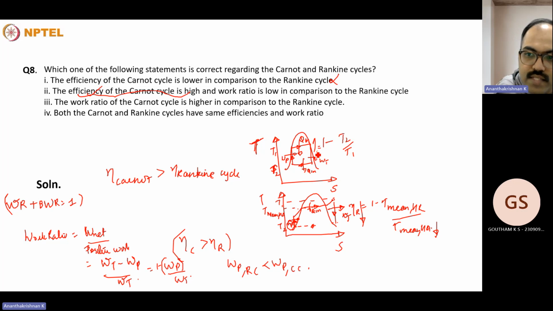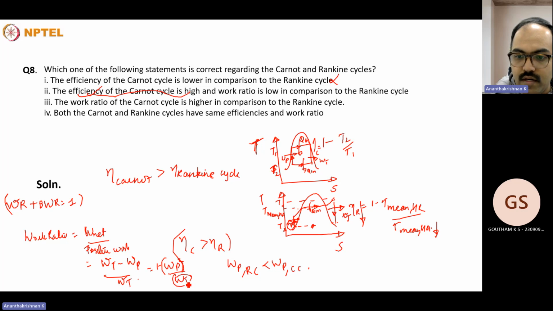If you try to establish an equivalent case by using the same work output, if you try to keep the work done on the turbine constant, and you just compare between the two cases of the pump work, keeping this constant, WP will be lower in the case of a Rankine cycle compared to that of the Carnot cycle.